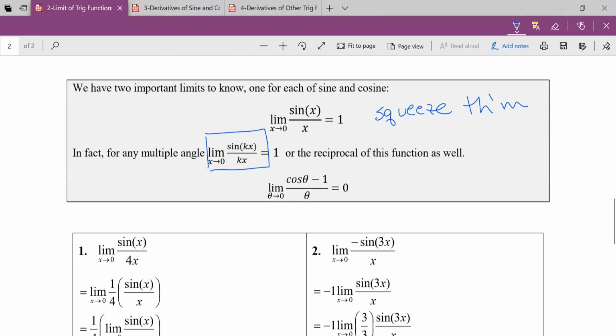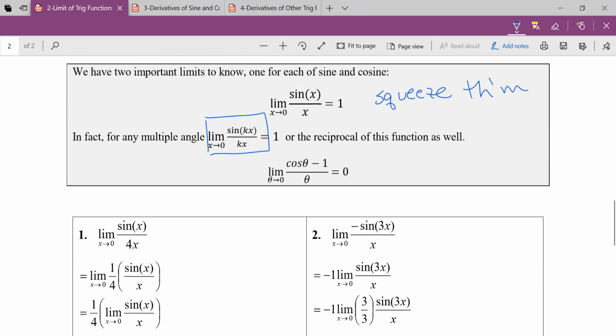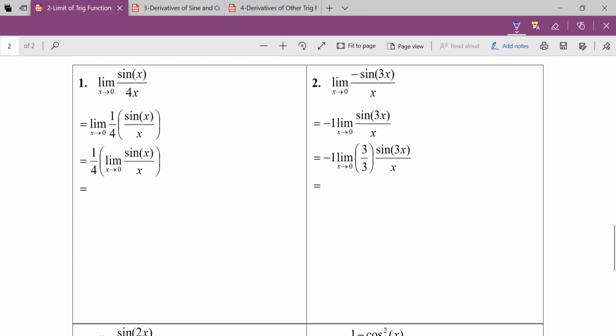There is one for cosine: the limit as theta approaches 0 of cos theta minus 1 divided by theta is equal to 0. This one's not as important. We don't use it as much, but it's something that you might see from time to time. Okay, so let's see what happens with these limits.